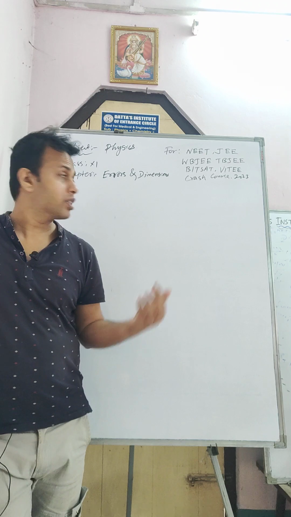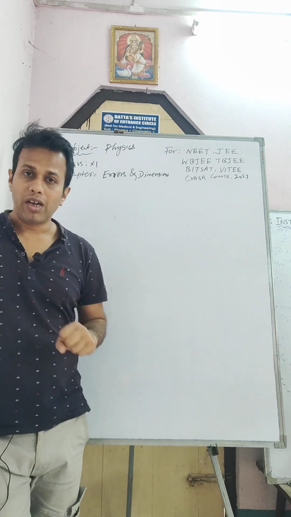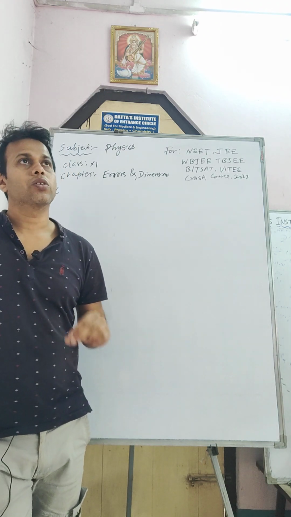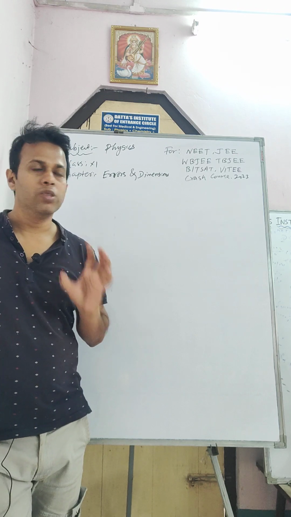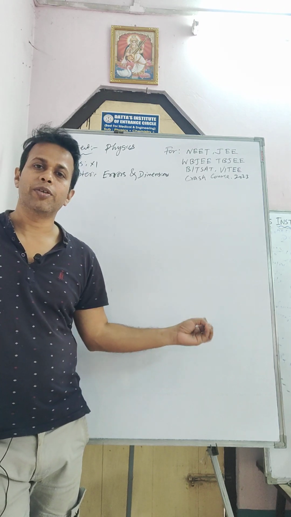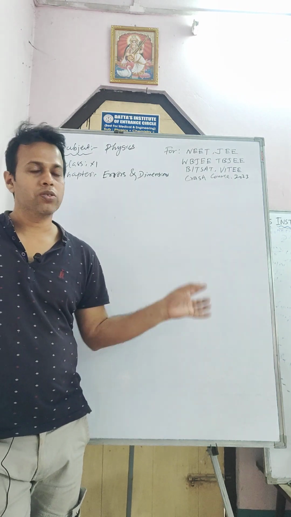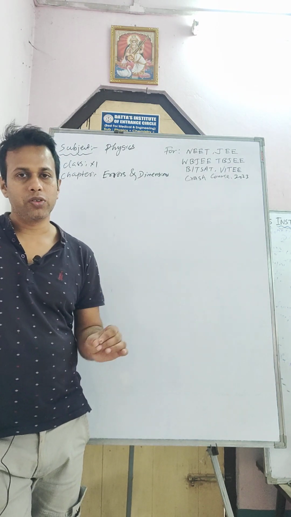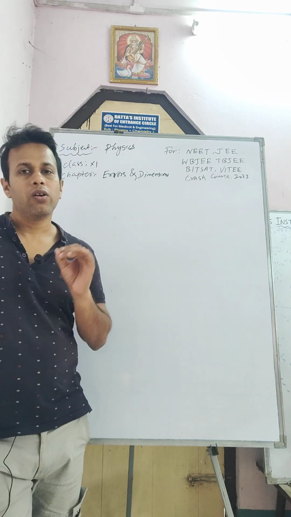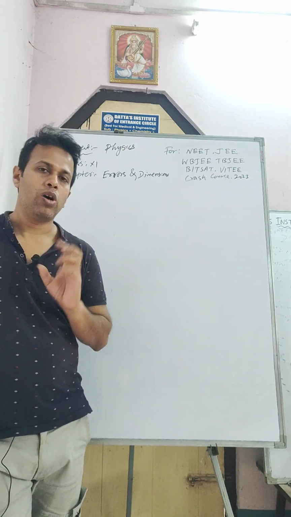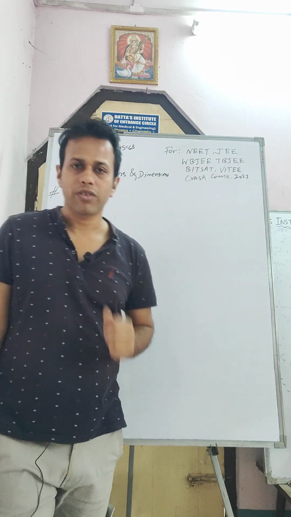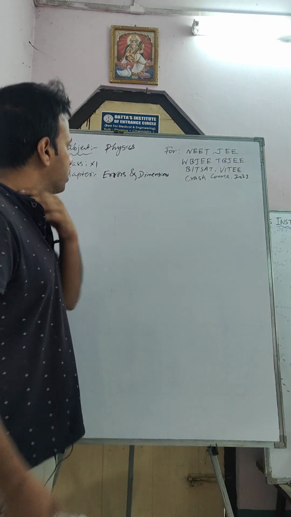After that we will discuss the dimensions, the formulas about the dimensions. After that we will do some numericals, 7 to 8 questions from previous year questions. So that's why the video will be a little bit longer, near about 1 hour or 50 minutes. Okay, because it takes time. So let's start.